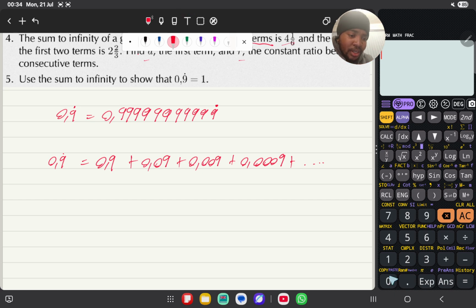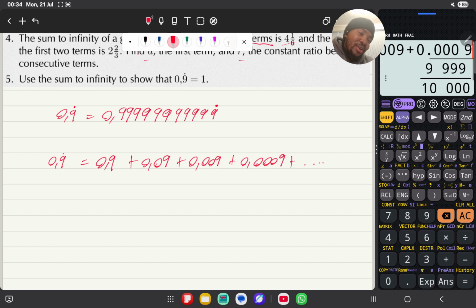And the reason, look, 0.9 plus 0.09. Do you remember? Okay, cool. Plus 0.009. Do you see? Plus 0.0009. Do you see what's happening? I think the last number we did was like this.